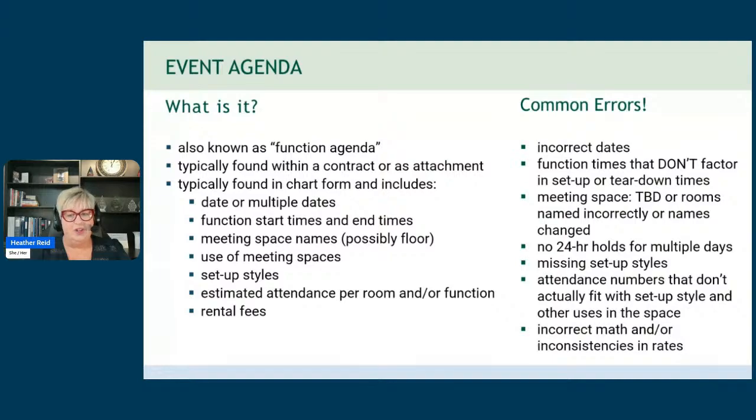I see function times listed as the actual event hours, and there has been no allowance for setup times and/or teardown times. And this is a huge issue for many events. The setup I like the best in an event agenda chart is seeing the overall booked time as a separate line item and then the specific timeframes within the overall time frame.